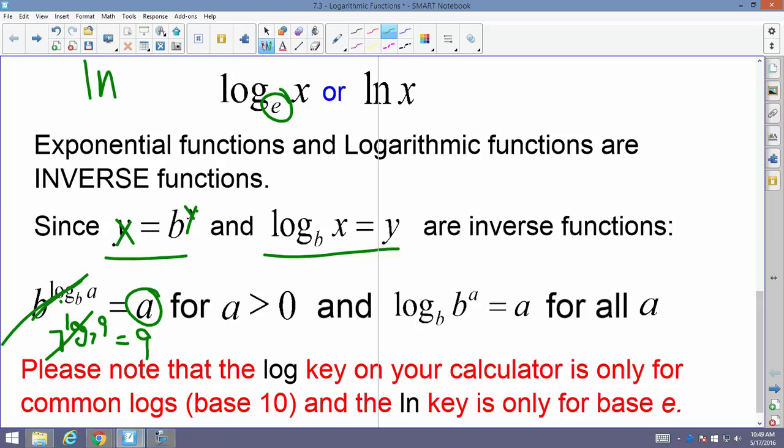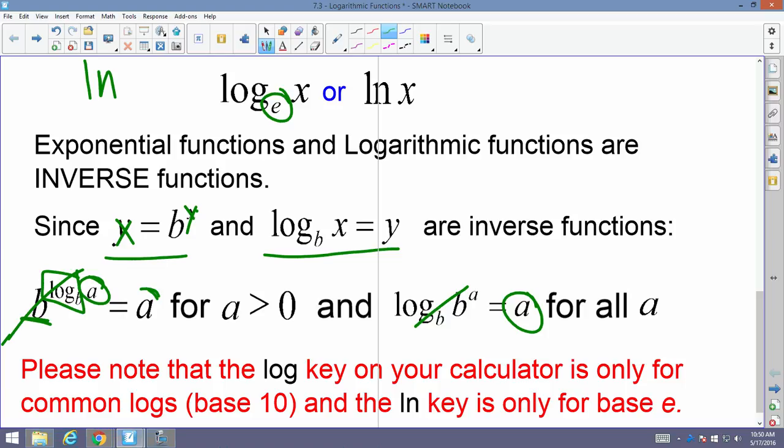When I have a log of base b, and my answer is the same as base b, it cancels, and a will be my answer. Very, very important for you to understand this. So if I have base b raised to the log of base b, they cancel, and I'm left with the answer.